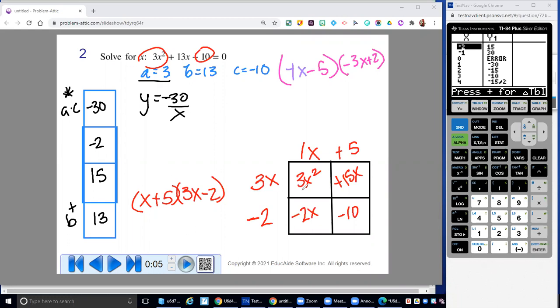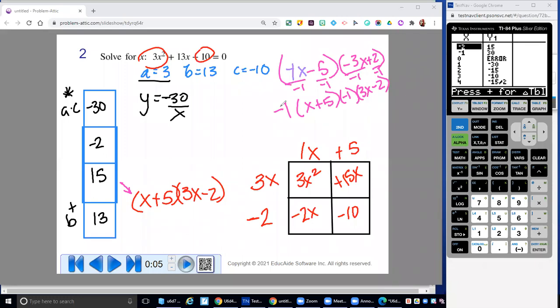Okay. But I will tell you, you're probably going to see this on a test, and let me show you why. If I were to take out a negative here, if I was to factor out and divide by negative 1, I would get negative 1 times x plus 5. Can y'all see that? And if I divide this by negative 1, I would end up with negative 1 times 3x minus 2.